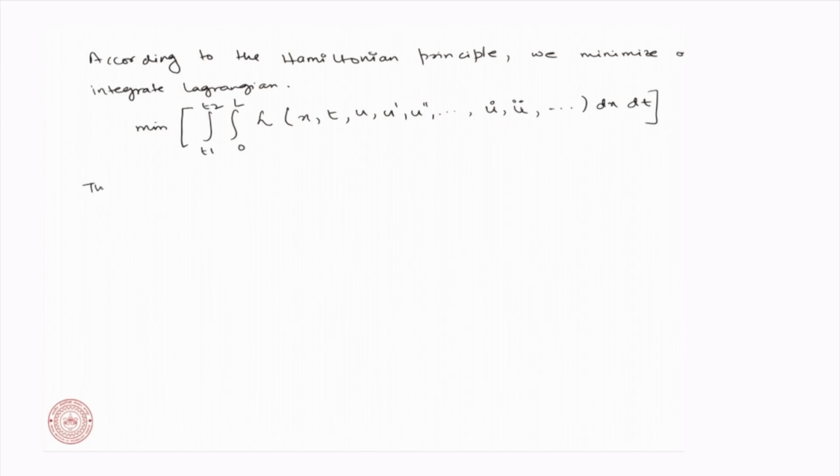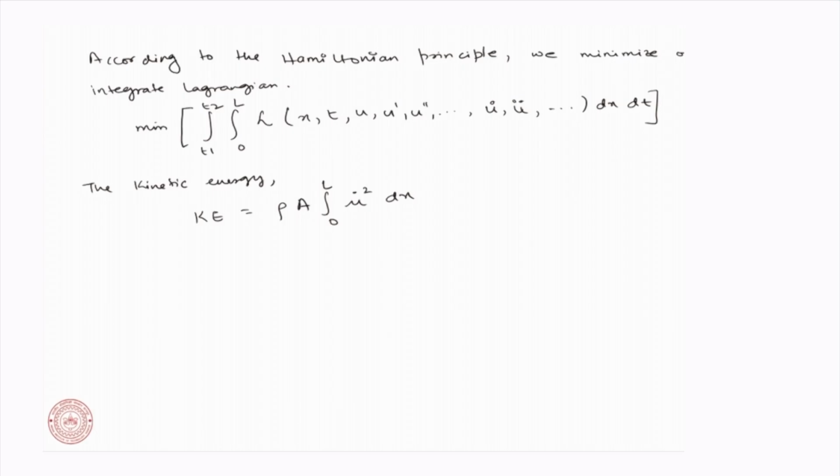So, the kinetic energy Ka is equal to rho into A integration from 0 to L u dot square into dx.